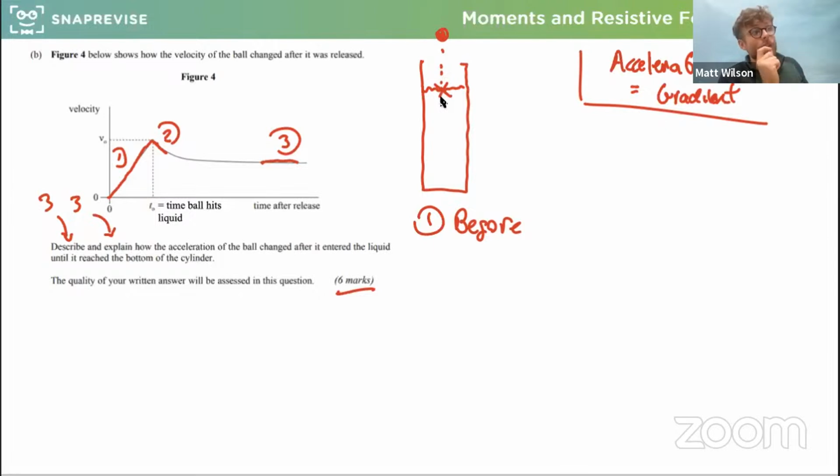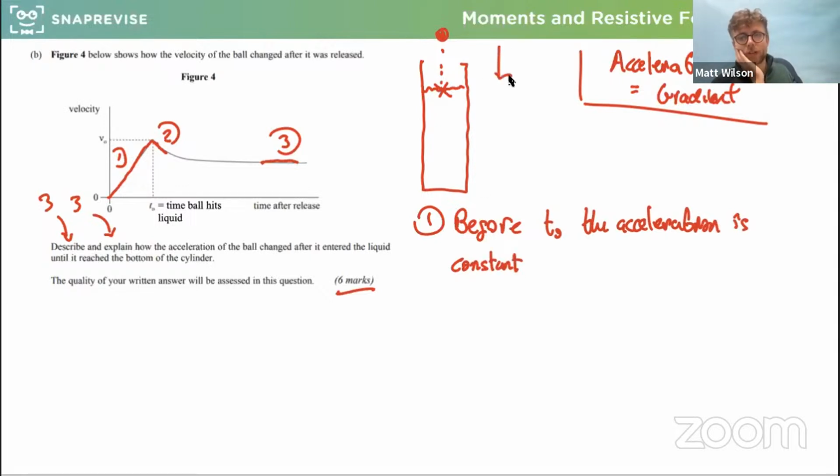It's actually a bit odd, given what we were just talking about. So before T0, the acceleration is constant. Also, we know from the picture it accelerates downwards. So here we have like a positive gradient. So not quite, because let's see.